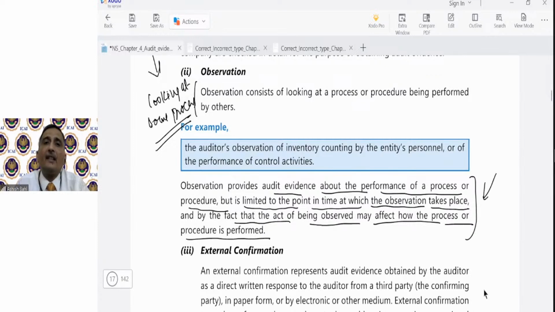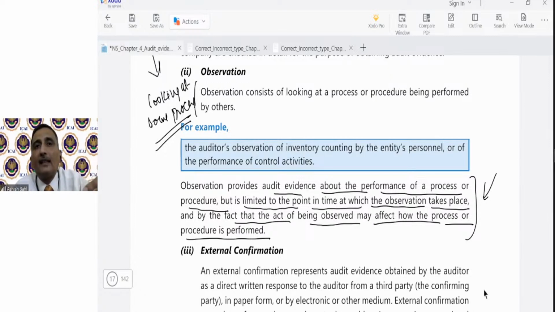So you have to remember that it provides evidence at that very point of time at which you are observing. Say you are looking at some process, and that process is happening properly in front of your eyes. So it is providing you evidence at that point of time.